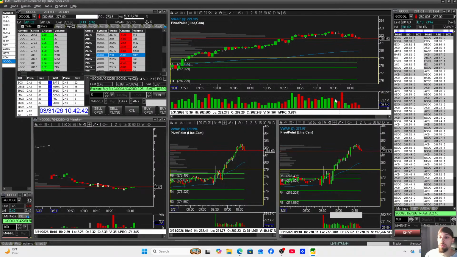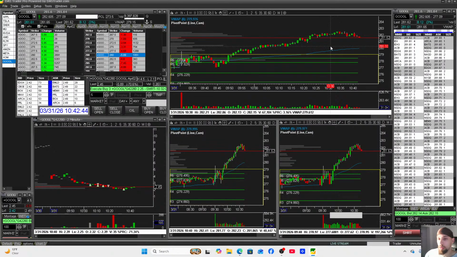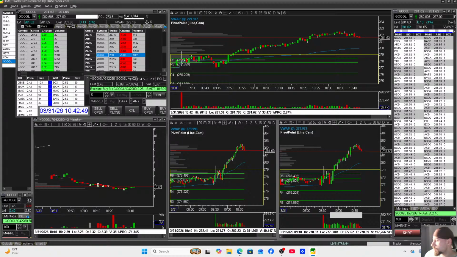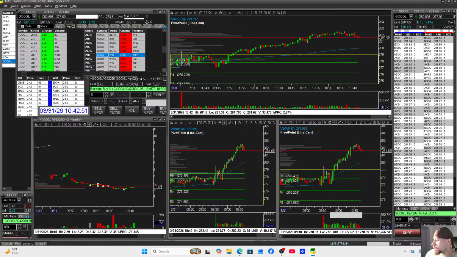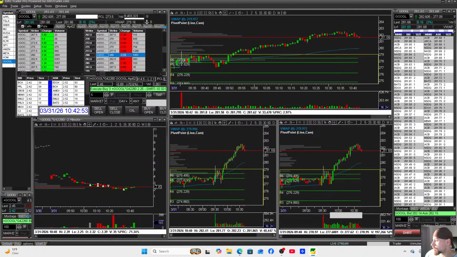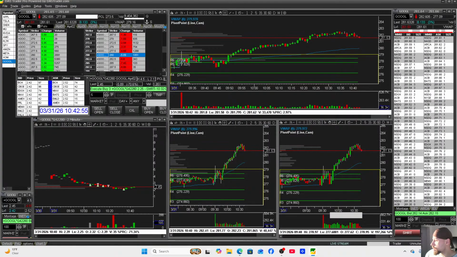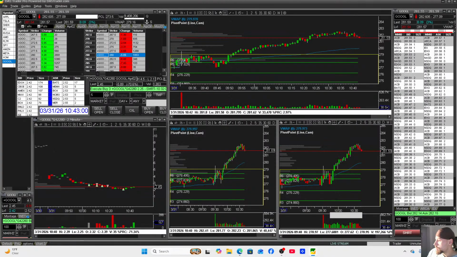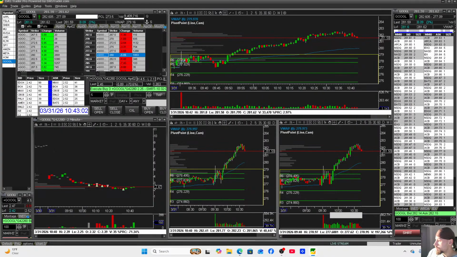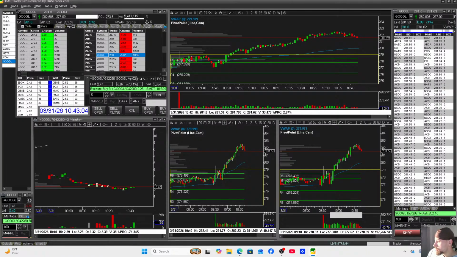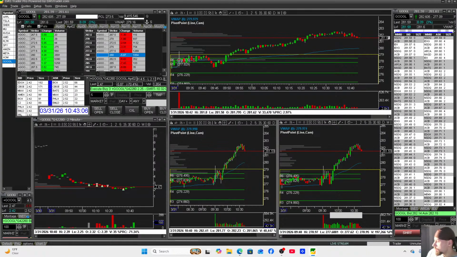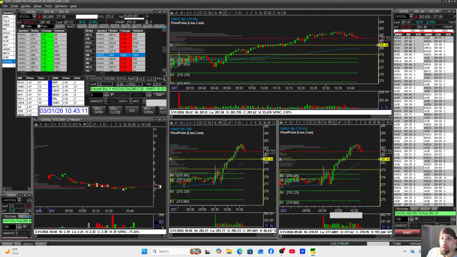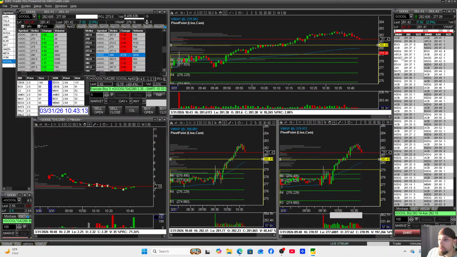This is the level. That's a good area to take profit if we can get there.